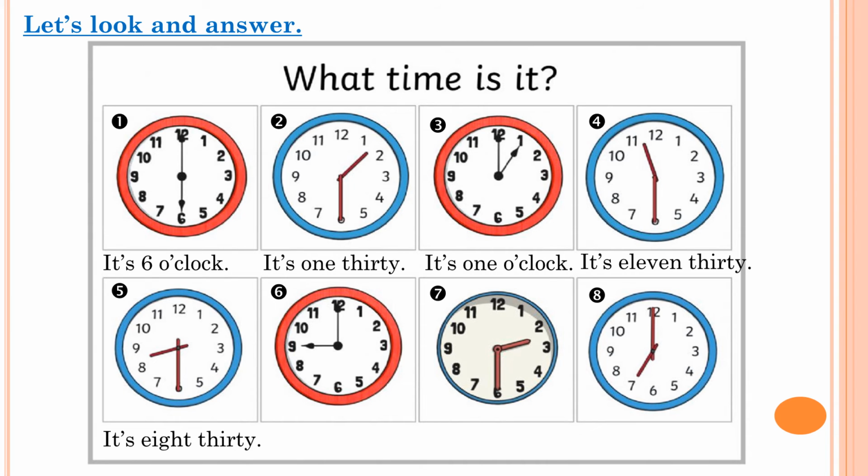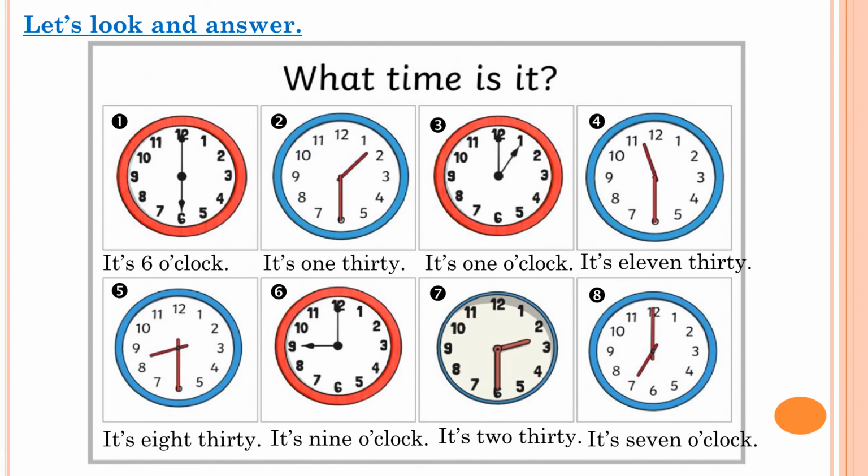What time is it? It's 8:30. Number 6. What time is it? It's 9 o'clock. Number 7. What time is it? It's 2:30. Number 8. What time is it? It's 7 o'clock.